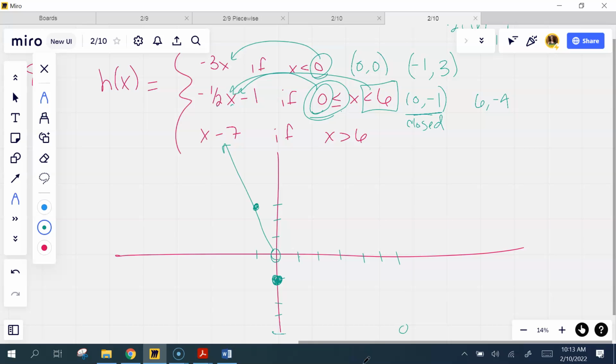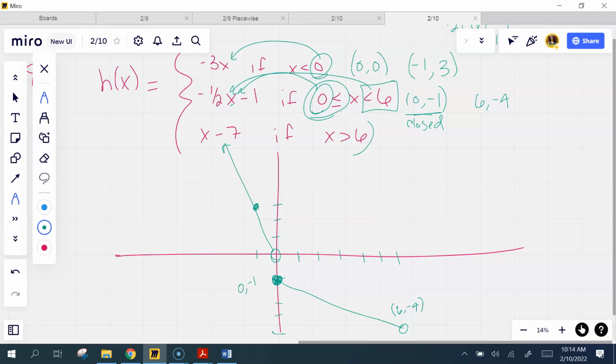And this one we said is open. I should have labeled these points again. Well, we know 0, 0. This is 0, -1. Just in case I need these in just a minute. 6, -4. All right, last one.